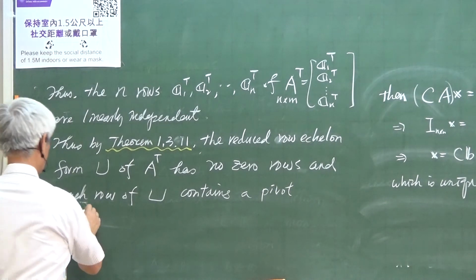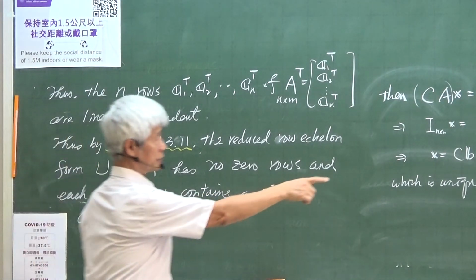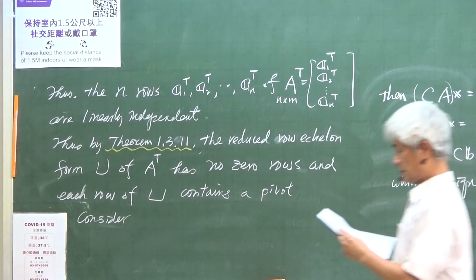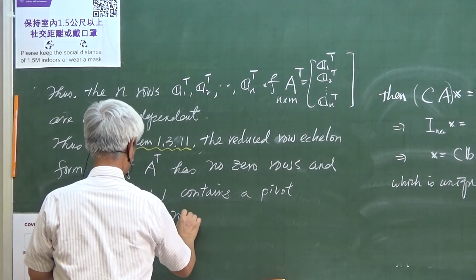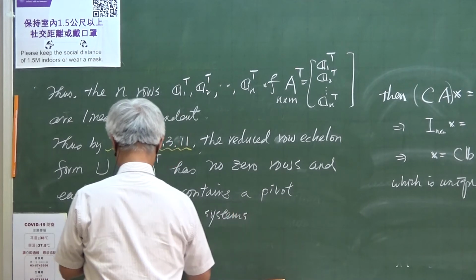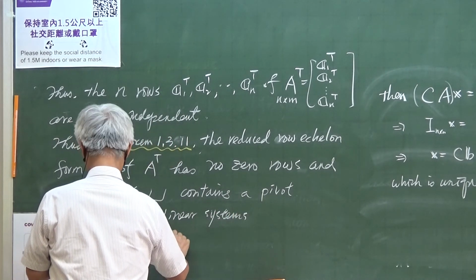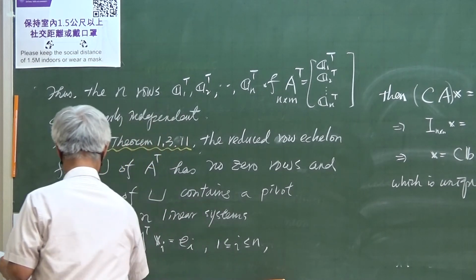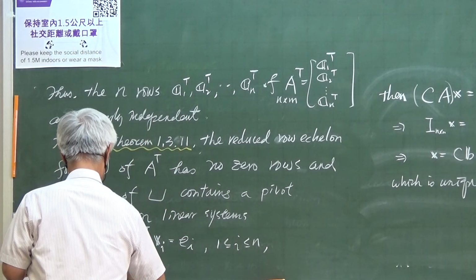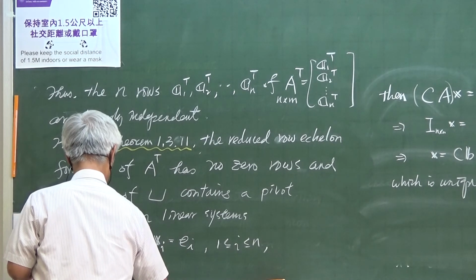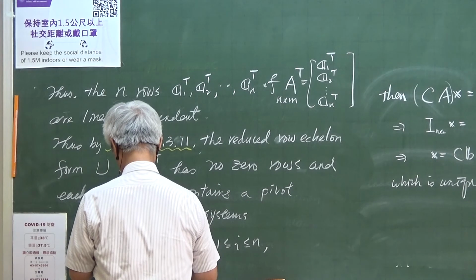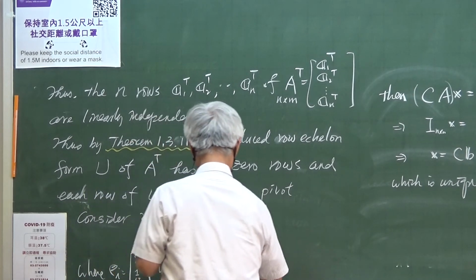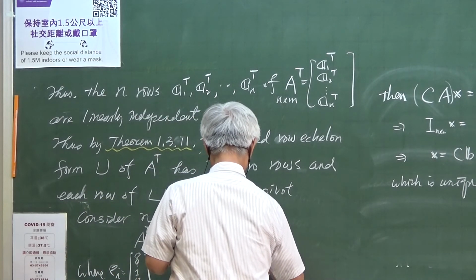So now we are able to solve the linear systems. Consider the linear systems A transpose xi equal to bi for i from 1 to n, where we know bi is just 0, 0, 1, 0, 0, a standard unit vector.